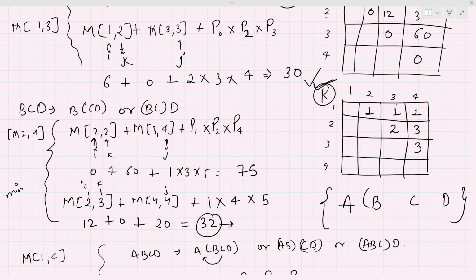And 1 comma 3 means 1, 2, 3, we have to place a bracket as well, so here is definitely one bracket. 1 comma 4 we definitely have one bracket. So the first line determines this is our solution.